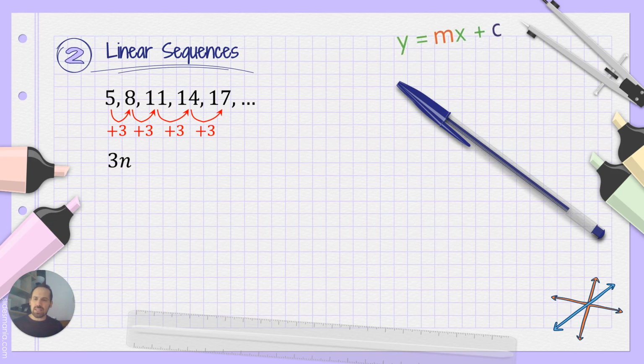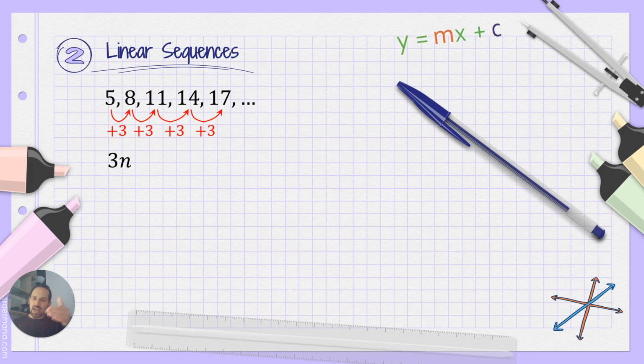And so we know this is going to essentially be like 3n. You see up in the top right there, I've got the general equation for a linear equation that we've seen, like y equals mx plus c. So you could see it as y being the value of a term and x being the term number. And so far we've got 3n.